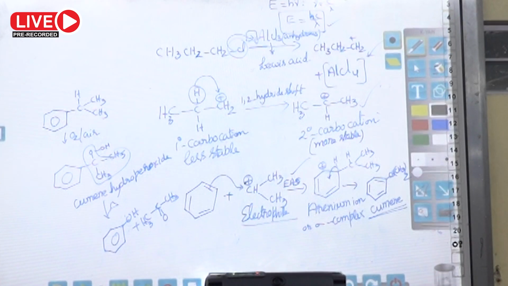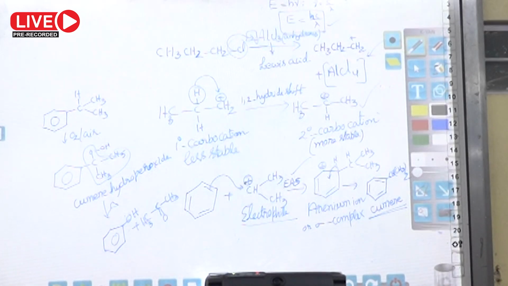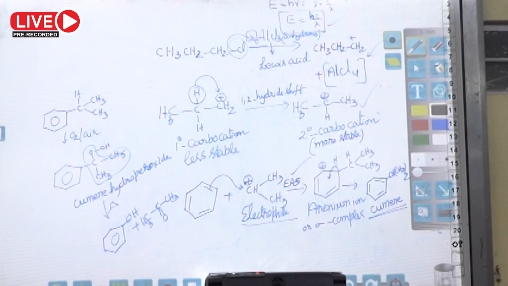Next question. The major product C and D in the following reaction. So N-propyl tertiary butyl ether.